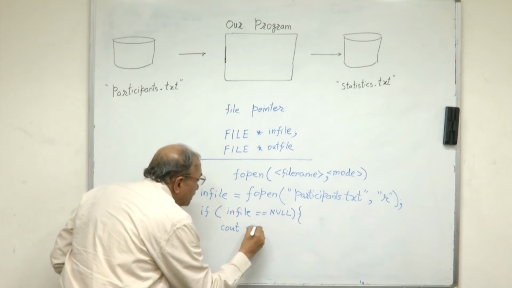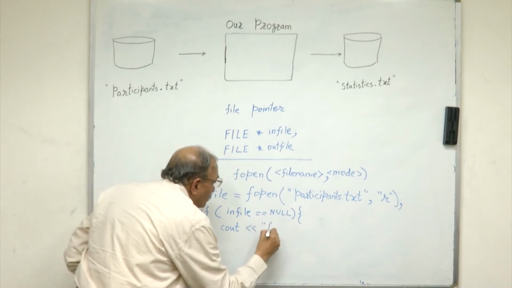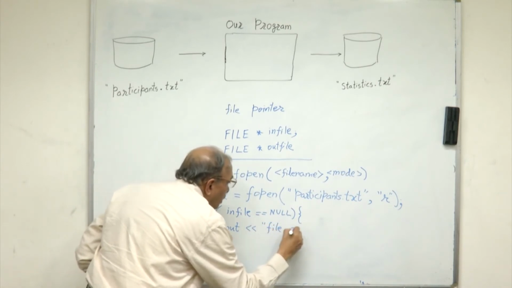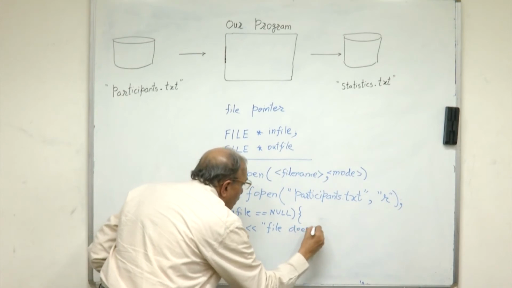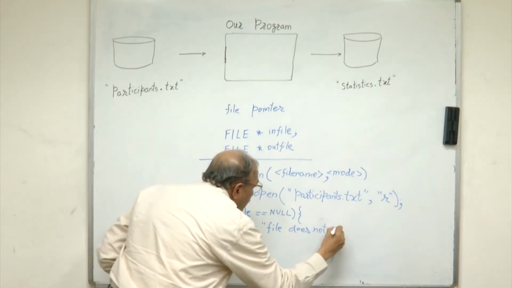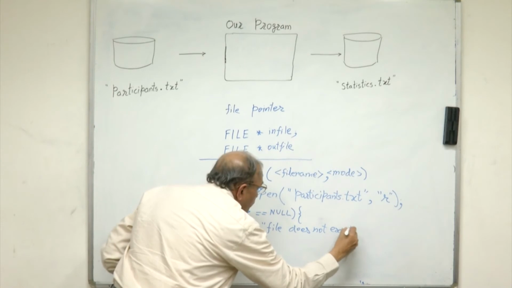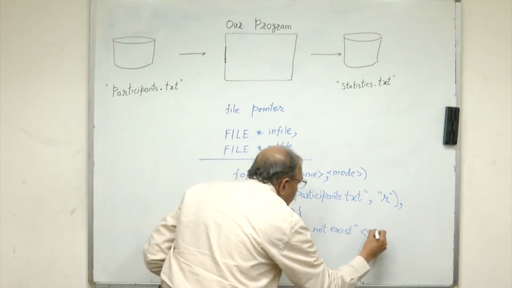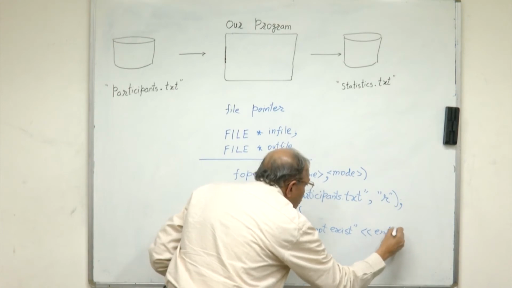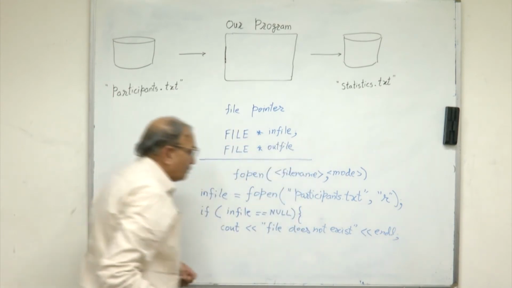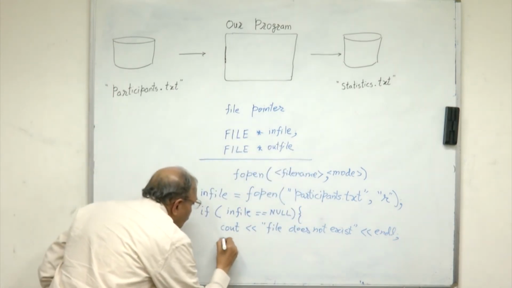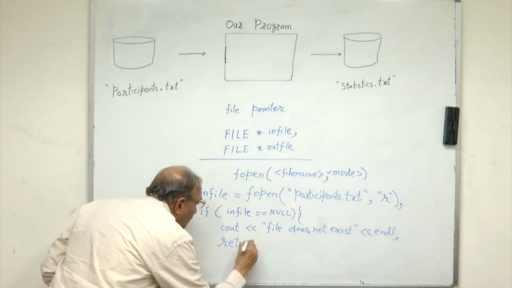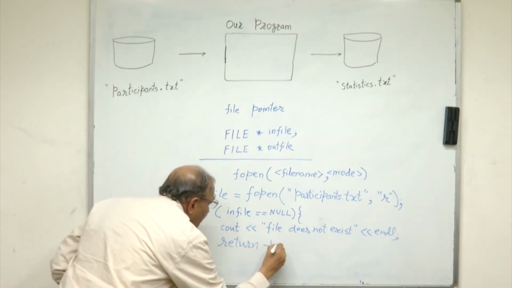For example, I can say file does not exist, and give this message on my terminal, and then return -1.